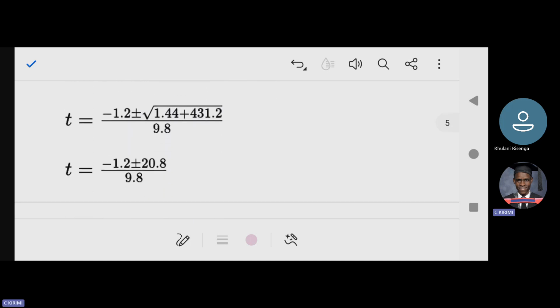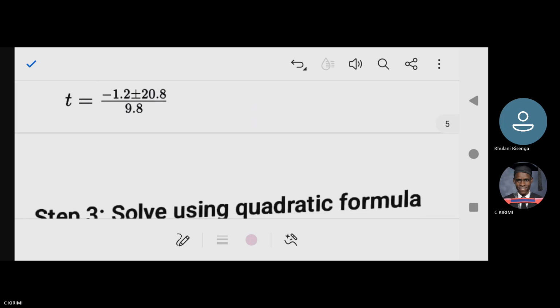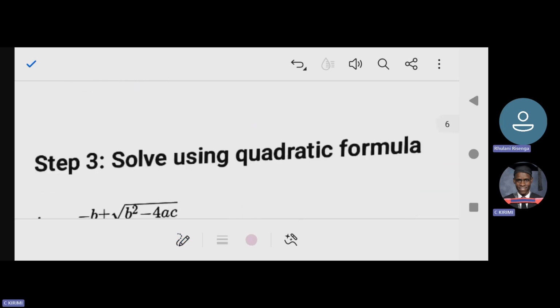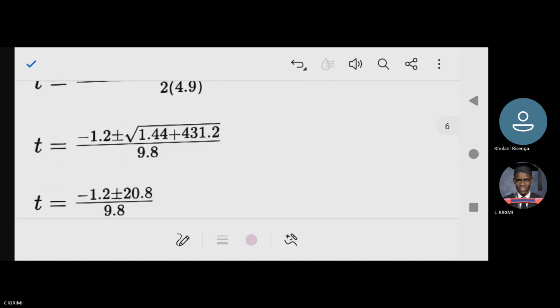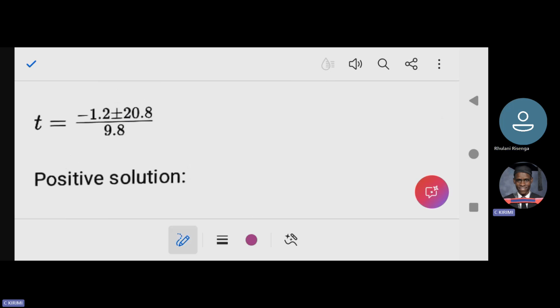So which means your t is either positive or negative. A time can never be negative, so you have to choose the time that is practically possible. We take the positive solution only.